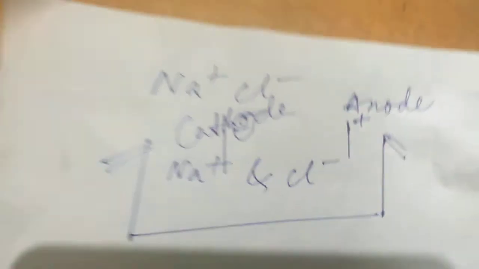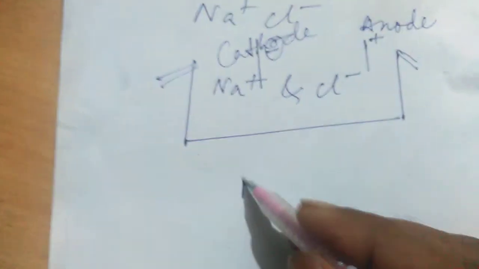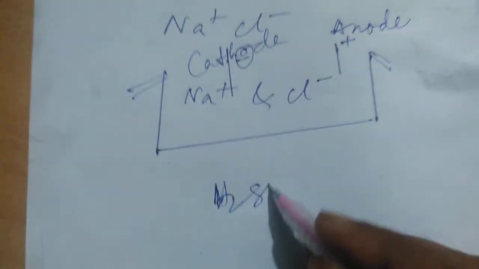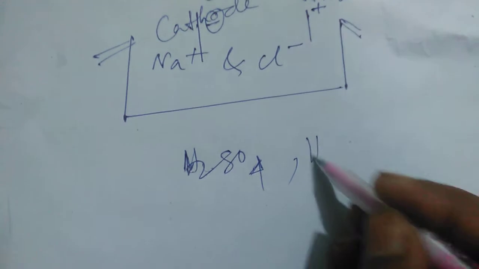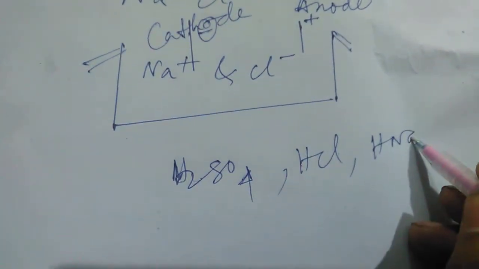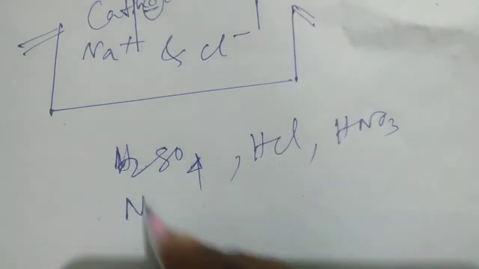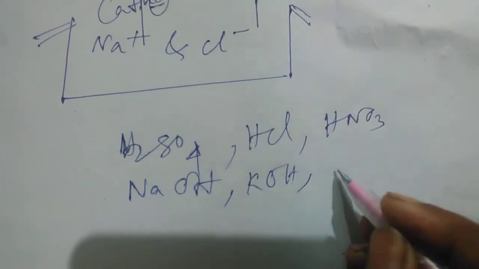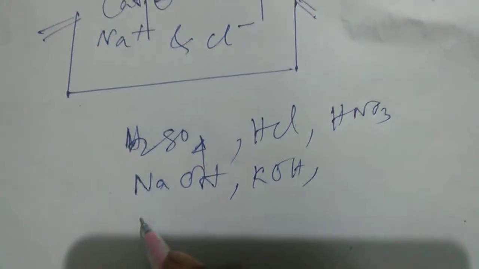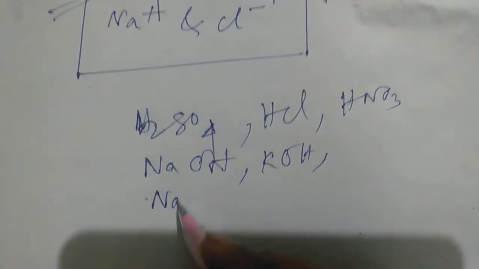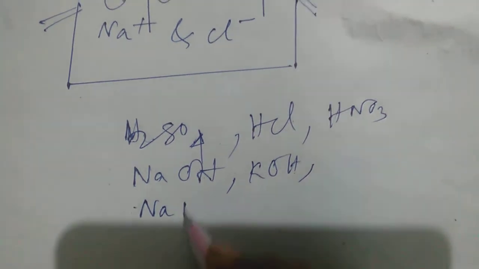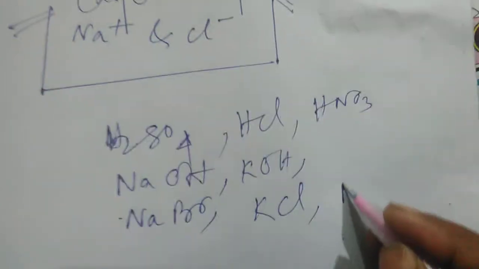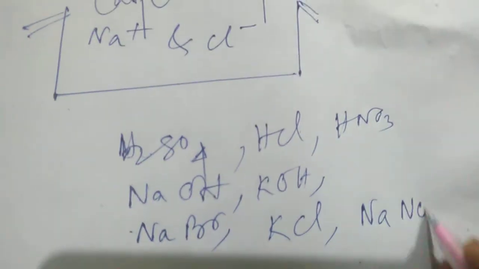As for example, all the mineral acids, for example H2SO4, HCl, HNO3, the bases NaOH, KOH, all these are electrolytes. And salts like NaBr, KCl, NaNO3, etc. All these are ionic compounds.